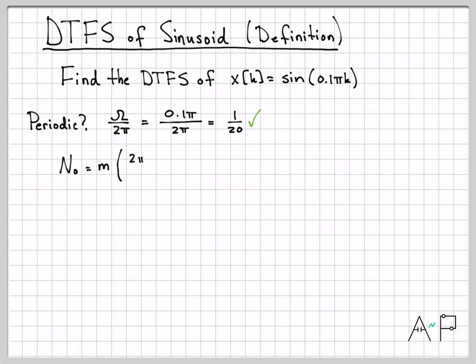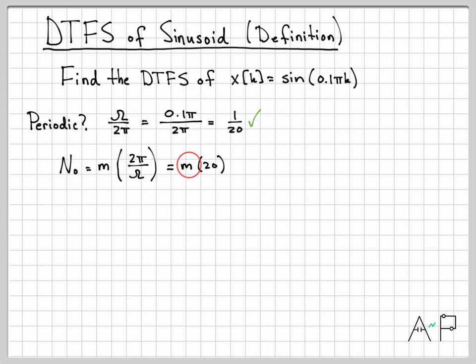And we have another equation that we can use to solve for the period of a discrete time sinusoid. If you remember this equation from earlier, I can solve for n naught by finding the smallest m such that this quantity turns into an integer. So we plug into this our value for 2 pi over omega, which was 1 over 1/20th, which is just 20.